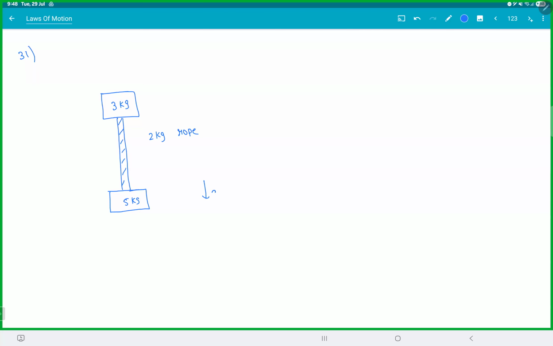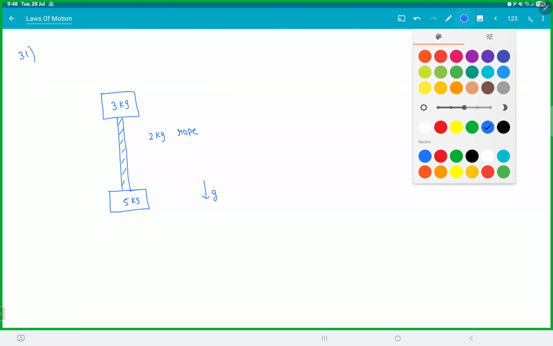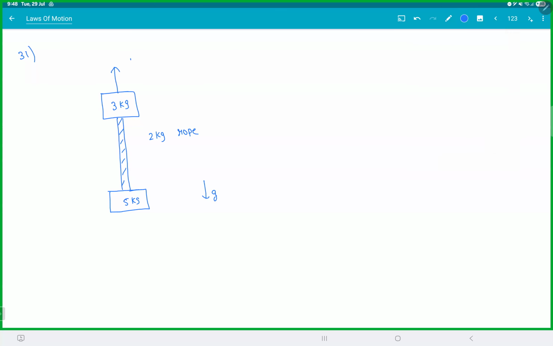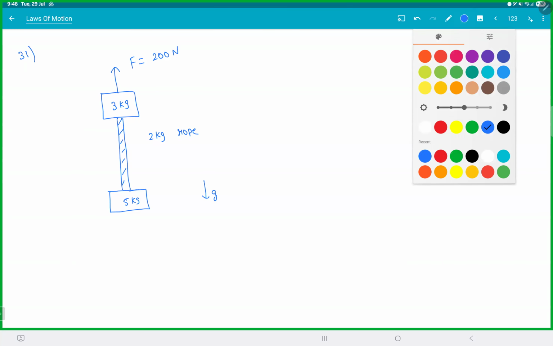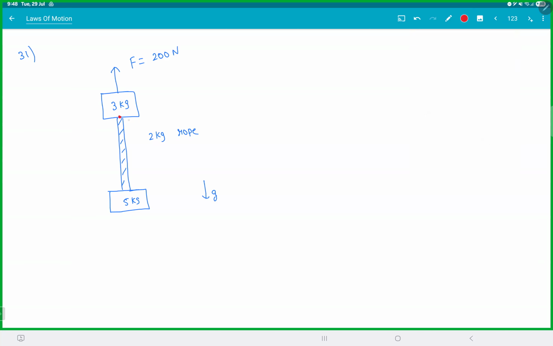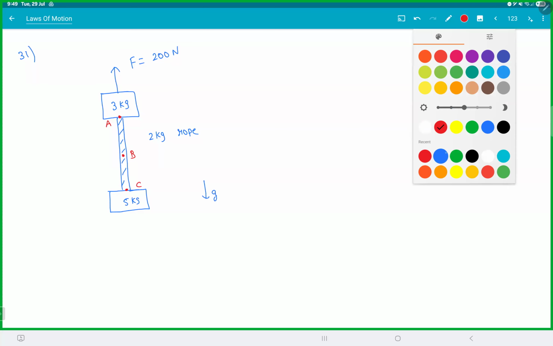Gravity is there. Someone is pulling this up with 200 newtons. So this point is A. A is the point connecting the 3 kg block and the rope. B is the midpoint. C is the point connecting the 5 kg block and the rope.